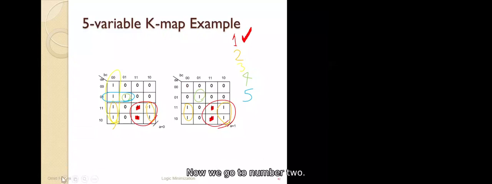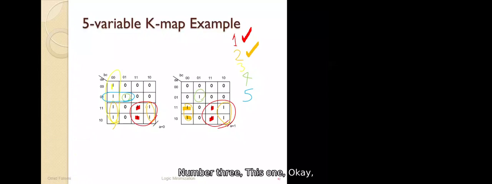It is selected. Now we go to number 2. Number 2 is these, so these 2 are already covered, oh, these 2 are not covered. So this and this one, they are not covered. So number 2 is also essential. Let's go to number 3.